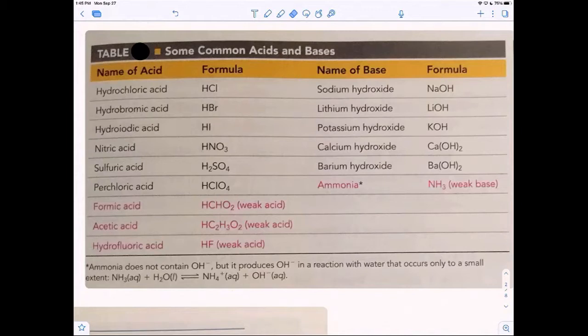Although I would disagree with calcium hydroxide being a strong base. I mean, you can drink the stuff if you want to, but that's my own opinion. A bunch of chemists get into a room and we argue about whether calcium hydroxide is a strong base or a weak base. I would consider it a weak base, but I'll go with Tro on this one.